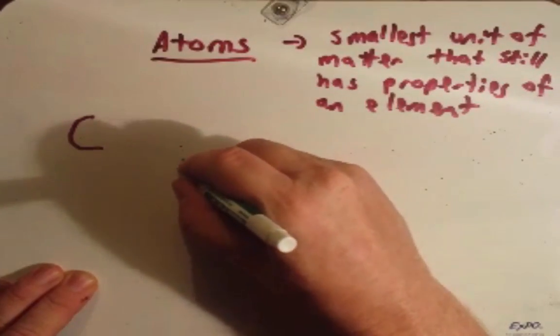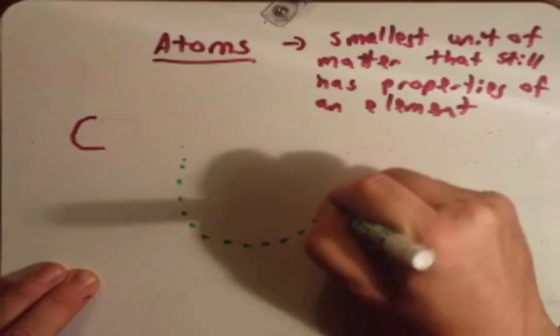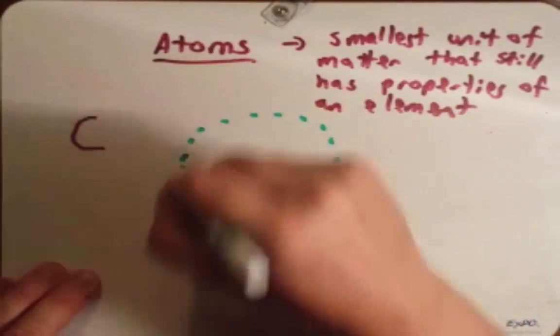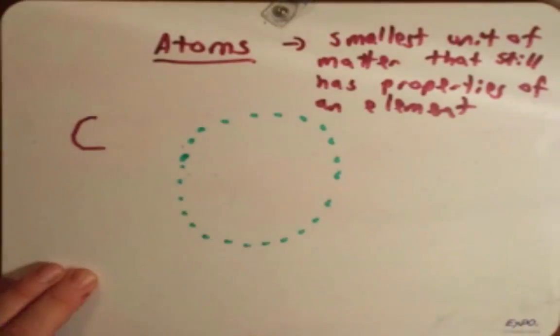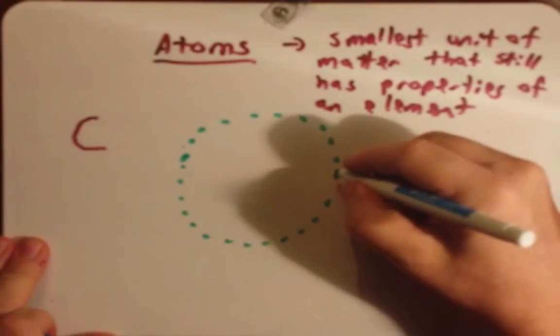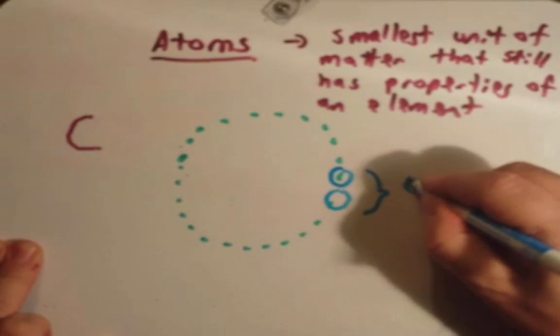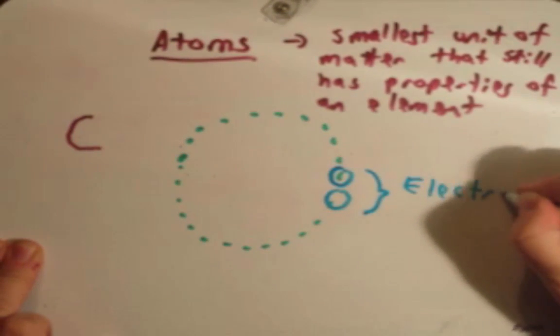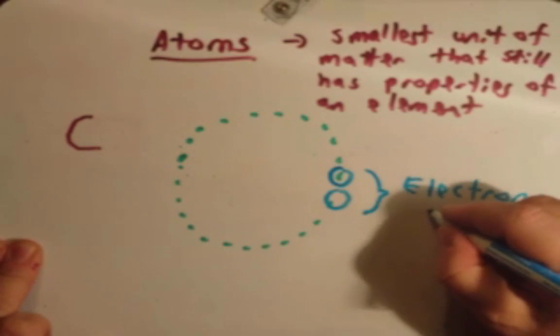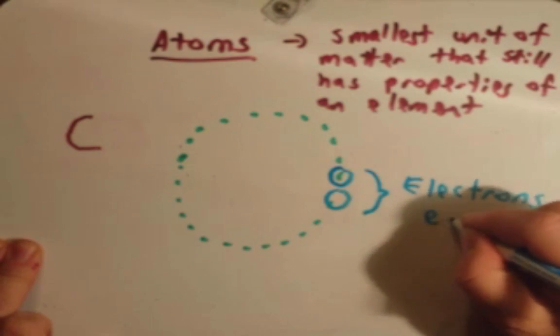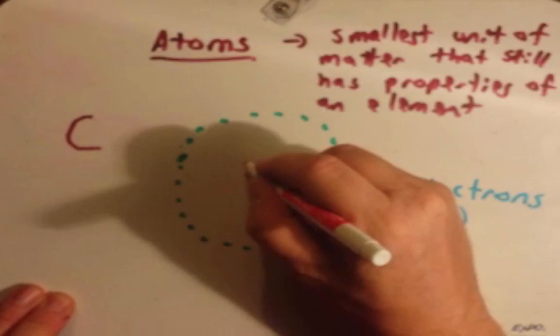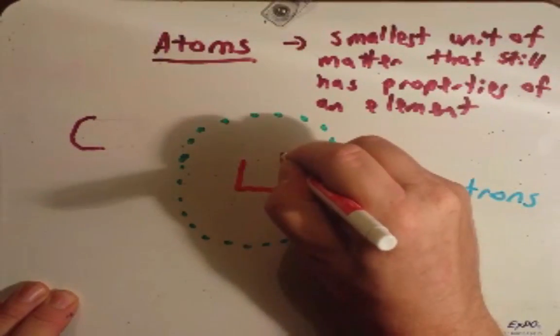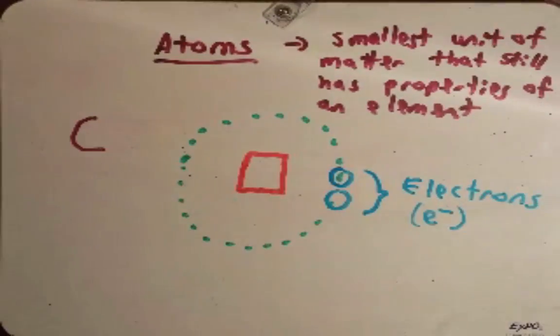And I'm going to draw kind of a dotted line here, or circle. On the outside of it, on this dotted line, are the electrons. Often in the semester when we want to talk about electrons, I'm just going to draw it as an E minus. Now in the middle here, I'm going to draw it as a square, is the nucleus.